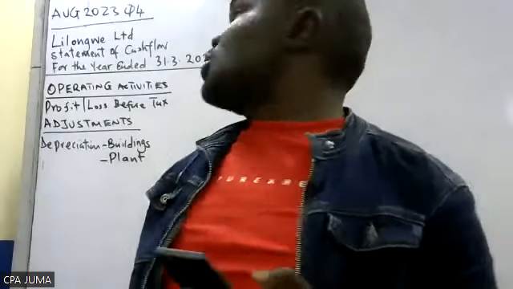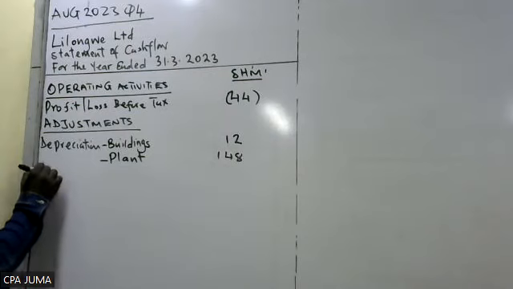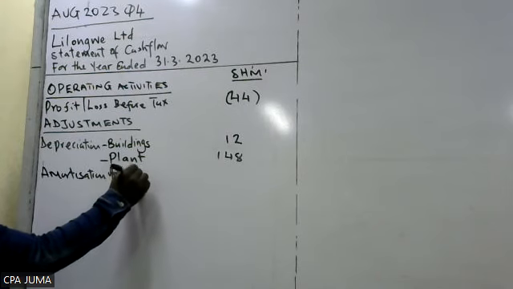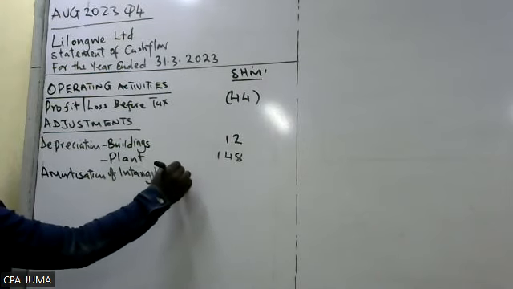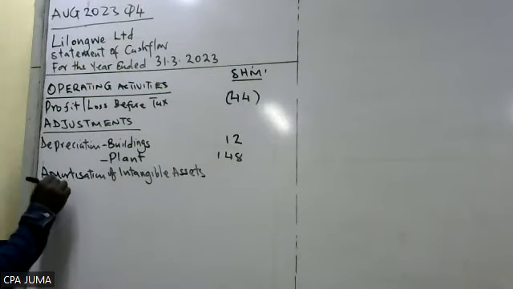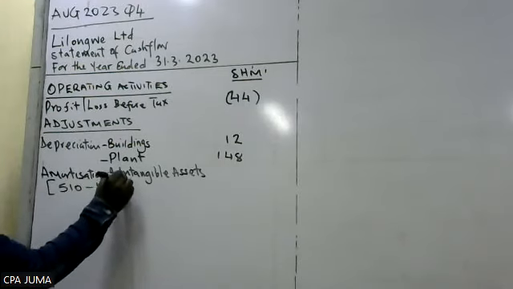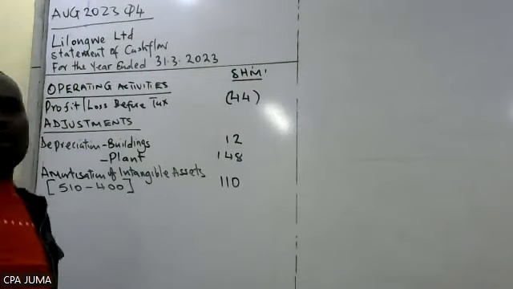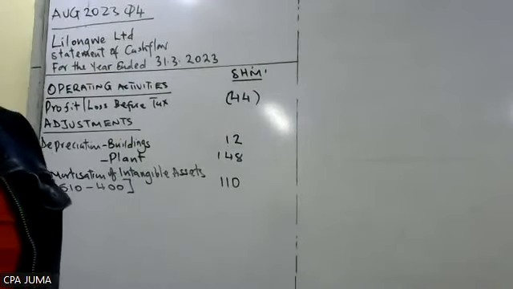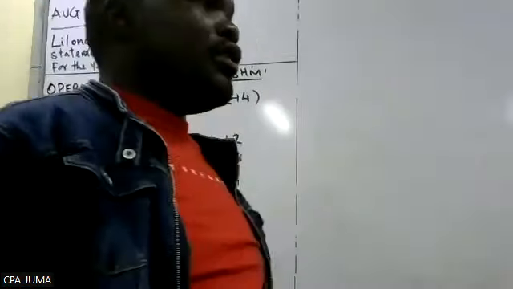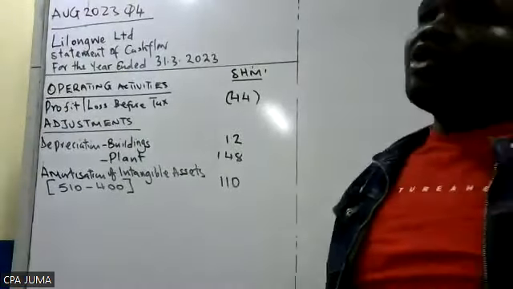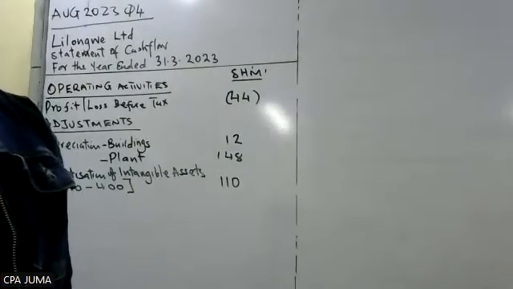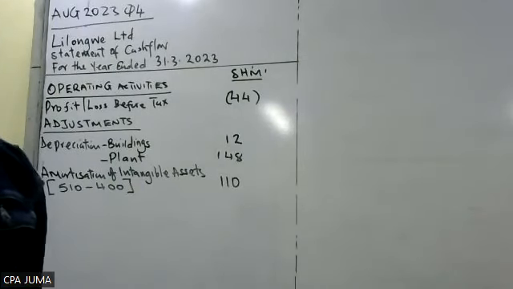So amortization of intangible assets is 510 minus 400, which gives you 110. So that one also you add back. They are not operating expenses. Then after that, check whether there was disposal of any assets. If there was disposal, check whether we disposed that asset at a loss or at a gain.